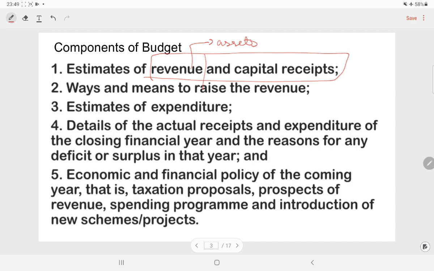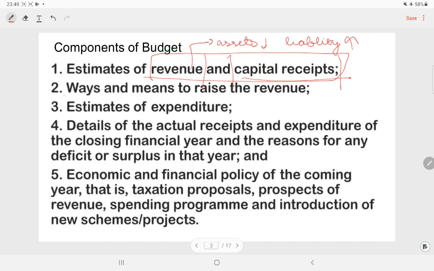Capital receipts are those receipts where the asset is reduced or the liability is increased. For example, disinvestment. Suppose the government sells a certain part of a PSU, that is disinvestment. Although by selling those shares the government makes money, it reduces the assets of the government, so that comes under capital receipts.